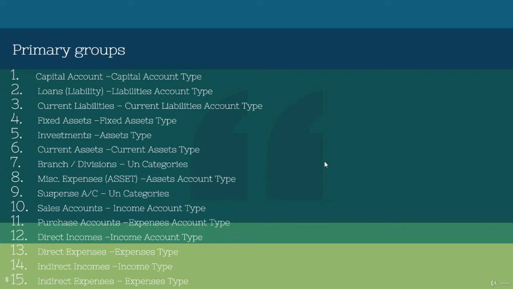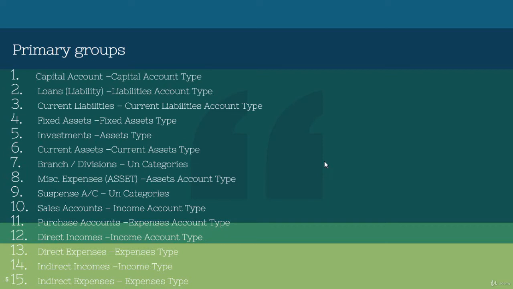The first one is the capital account, under the capital account type. The second one is loan liability. We can say that is a liabilities account type, based on the account types I have informed you. Then current liability is a current liability account type. Fixed assets type.